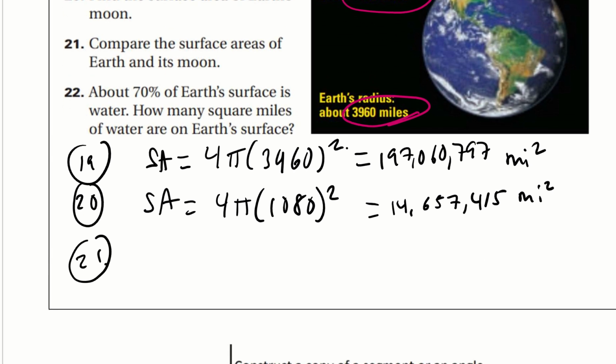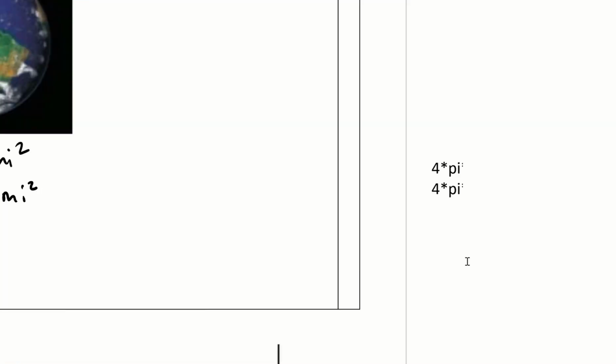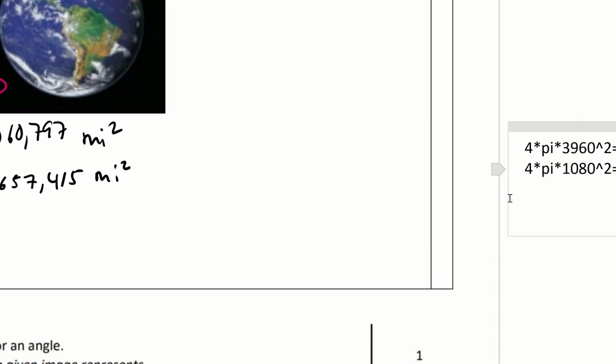Now we're going to compare the surface area. To compare the surface areas, we're going to divide these. We're going to do the surface area of the Earth divided by the surface area of the moon, and then that'll tell us how much bigger it is. I'm just going to do the numbers that we wrote down.